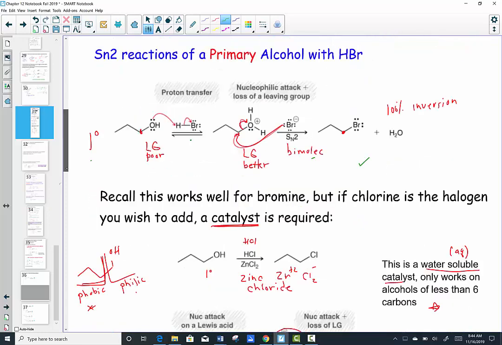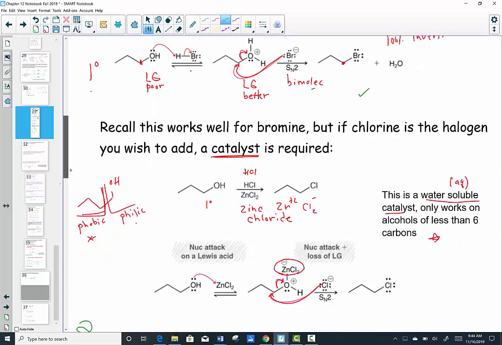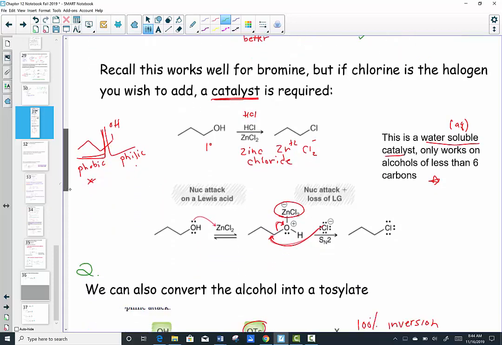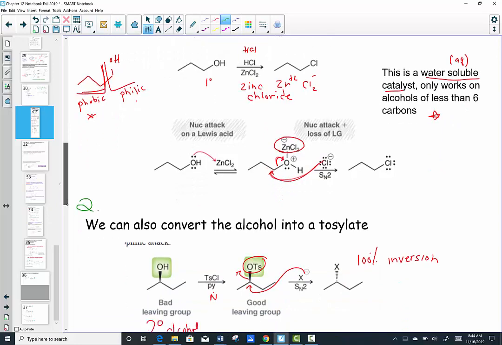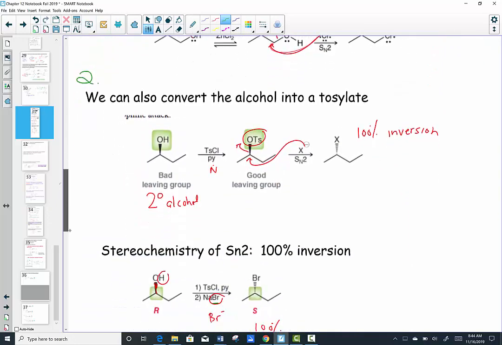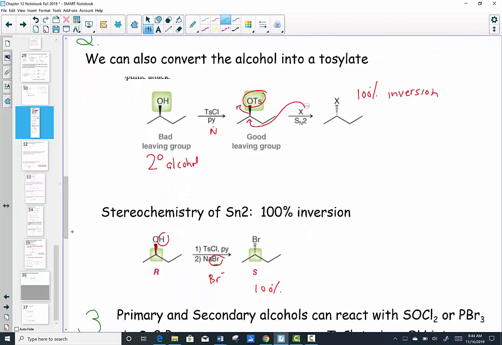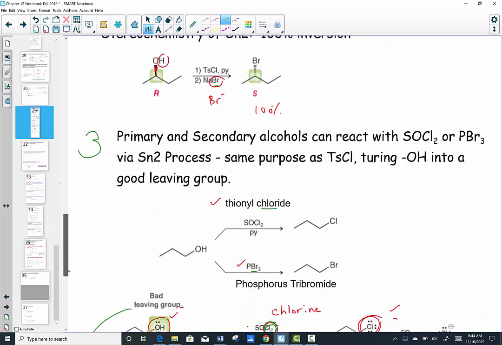Now, what if we started to use secondary alkyl halides or secondary alcohols? We have just more things to consider. We talked about zinc chloride as a catalyst for HCl, only for small molecules to deliver chlorine. If we have larger molecules to deliver chlorine, you would require a tosylate compound, or you could use the thionyl chloride method.